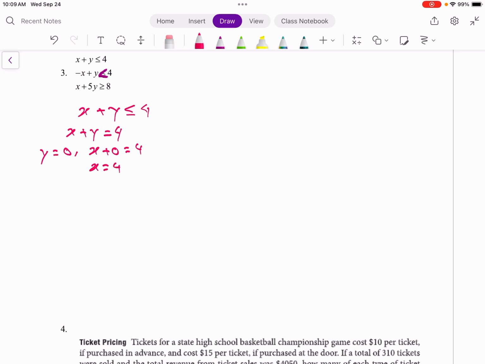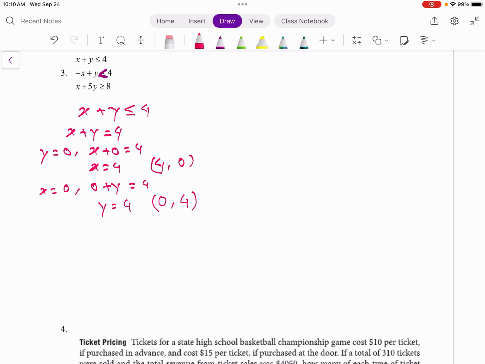What is the point? (4, 0). This is one point. Now let's find one more point by replacing x by 0. So we have 0 plus y equals 4, and y is 4. What is the corresponding point? You write down the x value first, then the y value second. So we have these 2 points.